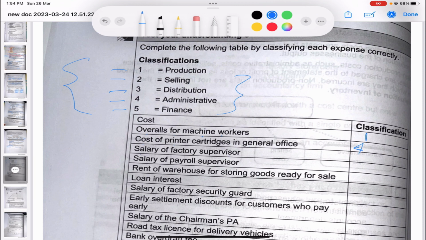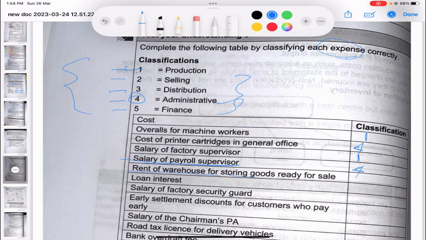Salary of a factory supervisor. Supervisor is an expense, but it will be involved in production only, right? Salary of payroll supervisor. Payroll is not related to my production, that is related to administrative.